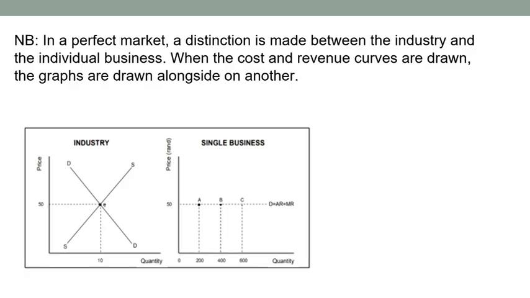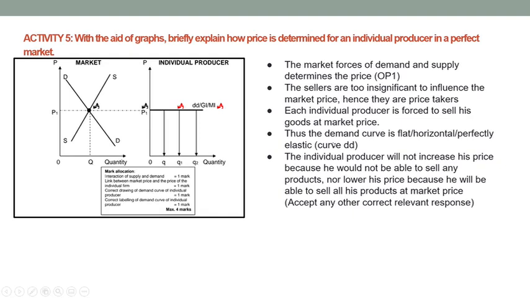Right, so if you look here, the market forces of demand and supply determine the price. The sellers are too insignificant to influence the market price, hence they are price takers. Each individual producer is forced to sell his goods at market price. Thus, the demand curve is flat or horizontal or perfectly elastic.